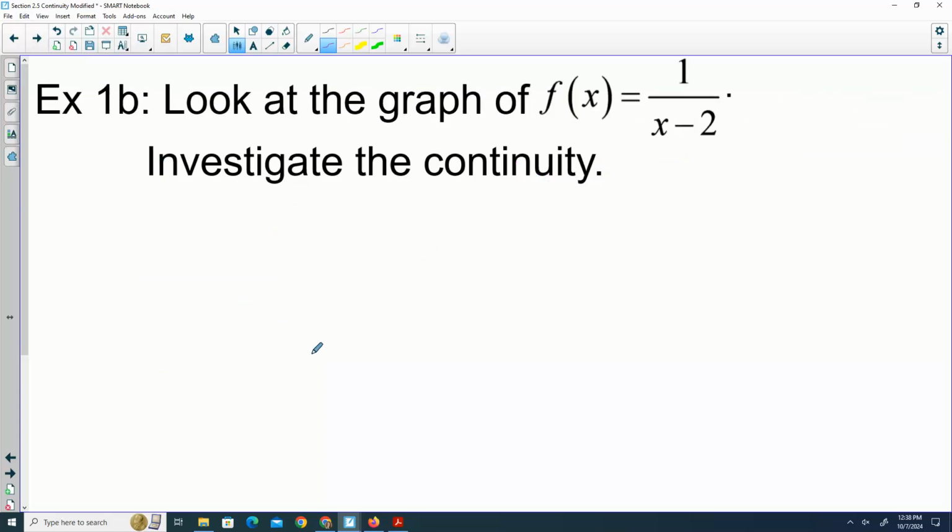Okay, if I ask you to look at the graph of f of x equals 1 over x minus 2. X can't be 2. What happens when x is 2?